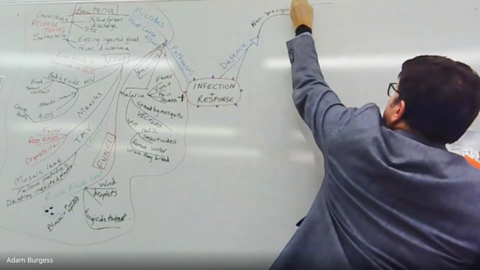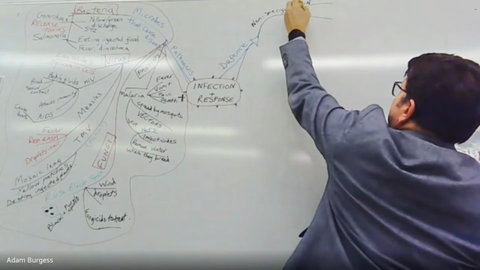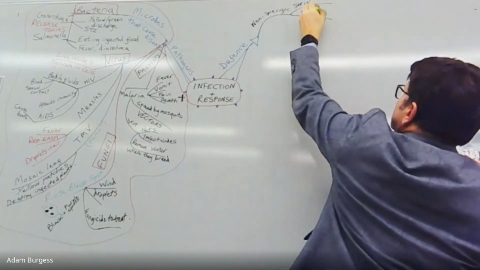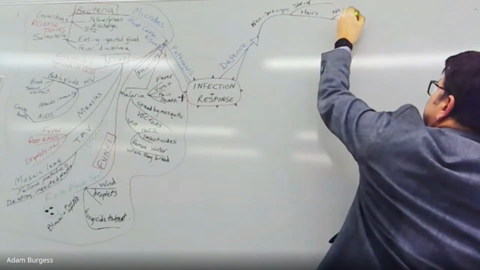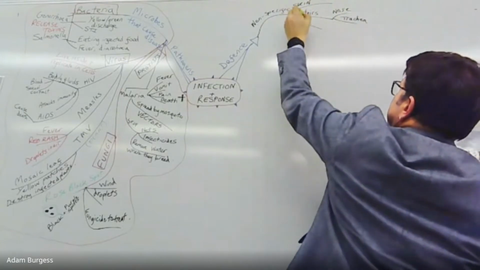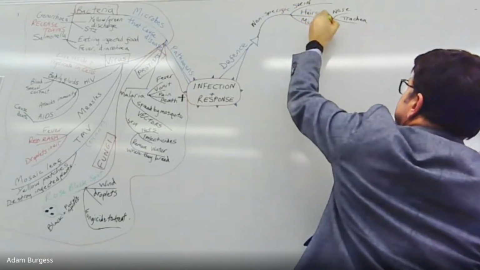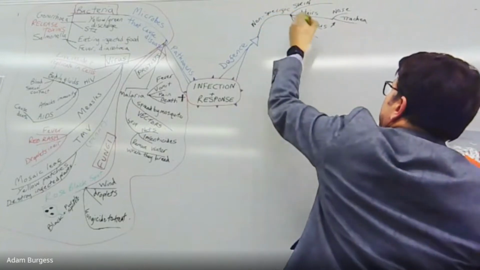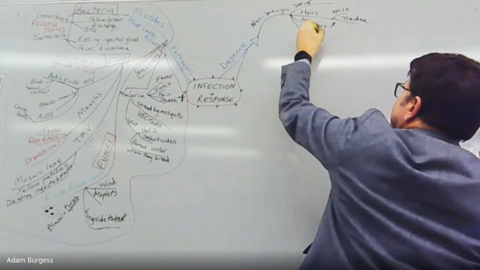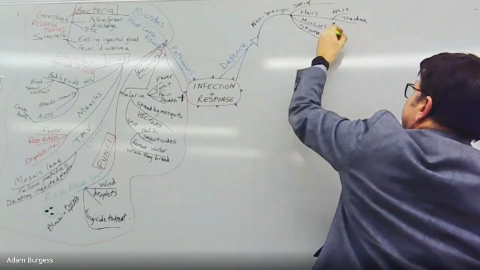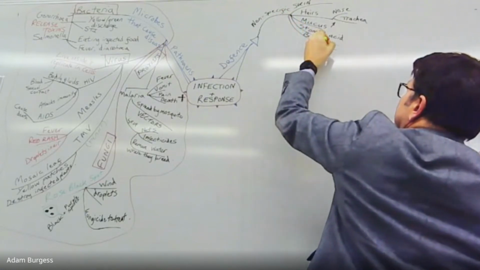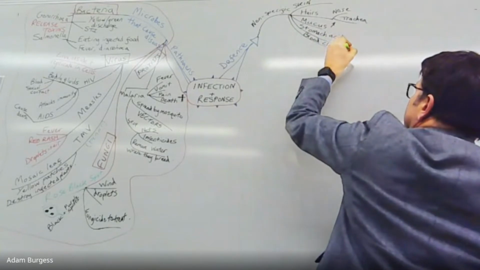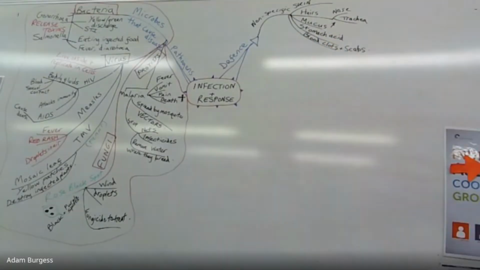We have things like skin, hair in your nose, your trachea, your windpipe, and mucus, again in the same places. Stomach acid to kill pathogens, and also your blood clots. When you cut yourself, blood clots and scabs. All right, so that's non-specific.